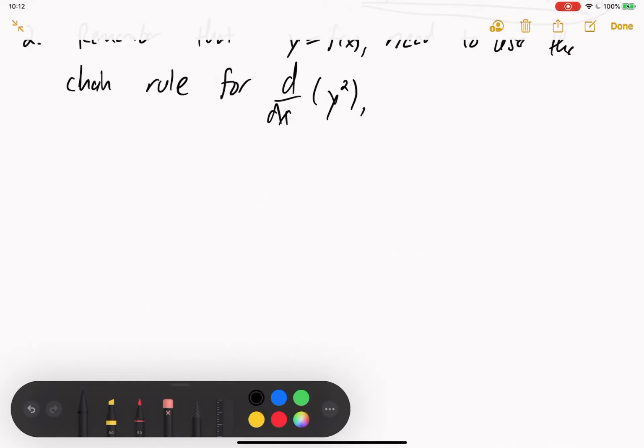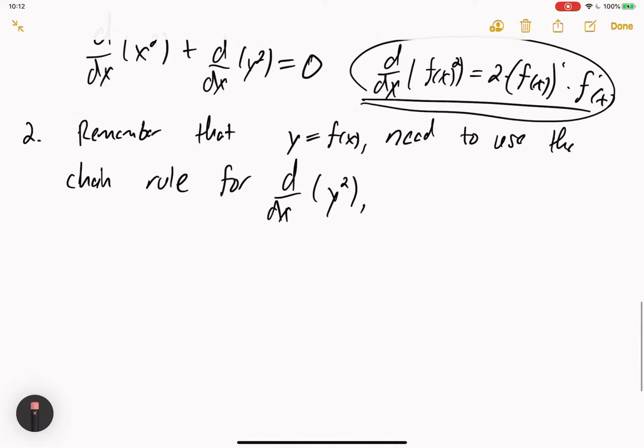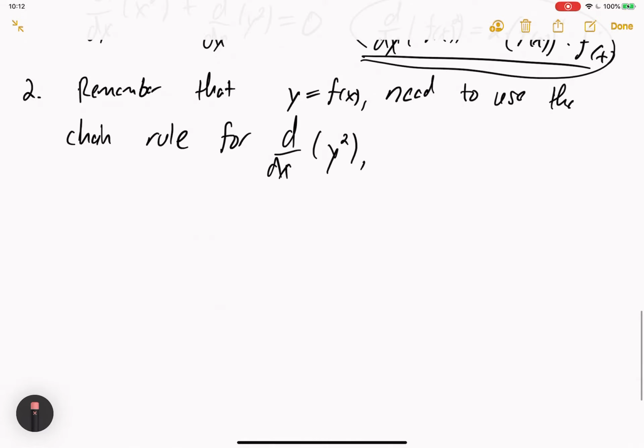All right, so what does this mean? So d of dx, that's just going to be, okay, let me actually just show you. So d of dx of y squared is going to equal, we bring down that exponent, then we just subtract by 1.